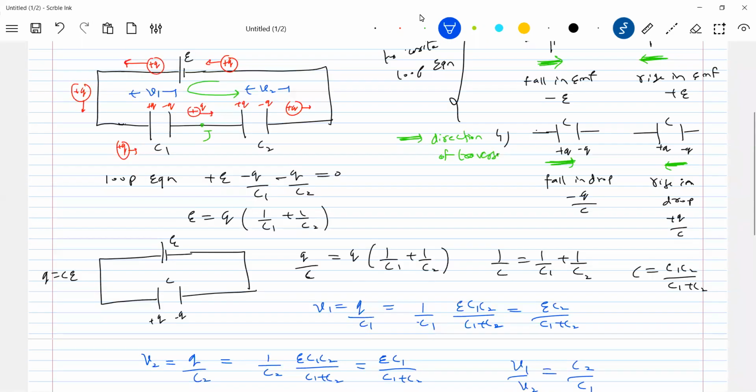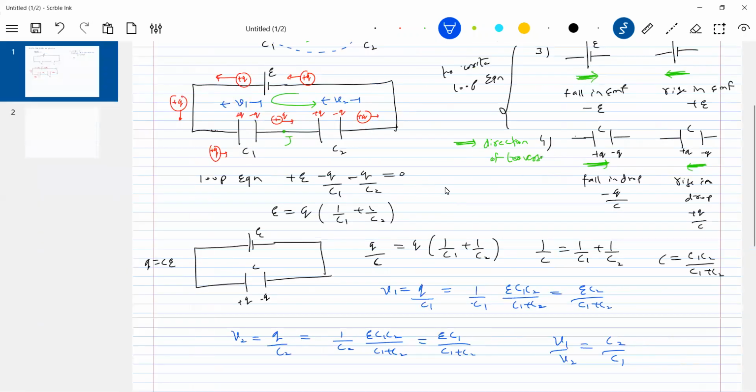So what do you mean by series? I'll just conclude everything. If the charge doesn't branch, or the charge flowing through that particular branch remains the same, then all those elements are said to be in series. So what charge is left here? Plus Q, minus Q, plus Q, minus Q. The same charge flows, no?